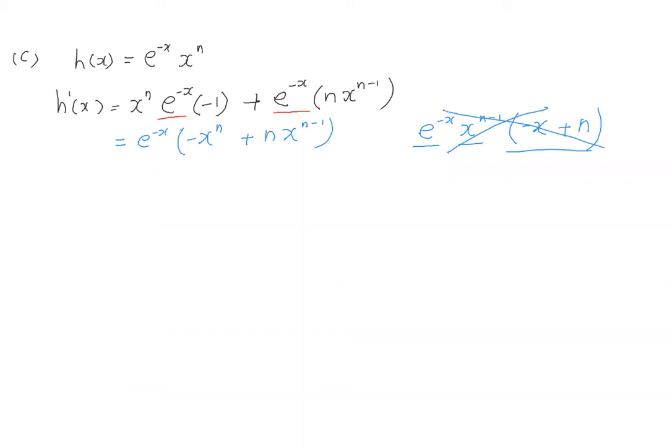Are you clear? Okay, so then I use product rule again. Okay, so same thing, v u prime. So this one you have to be very careful. Plus v u prime, like v prime.